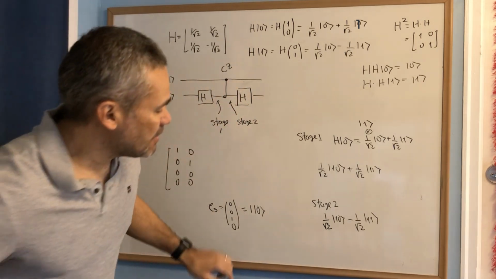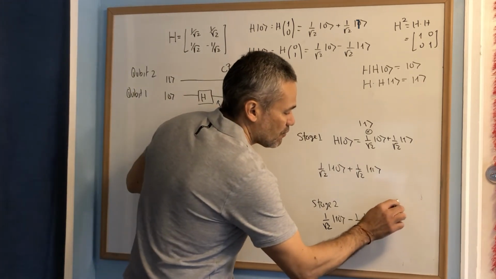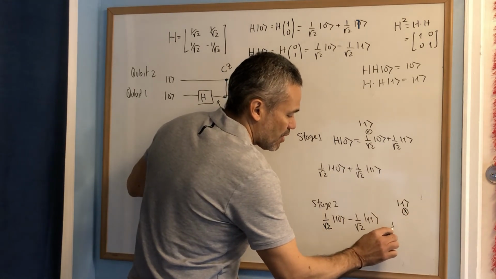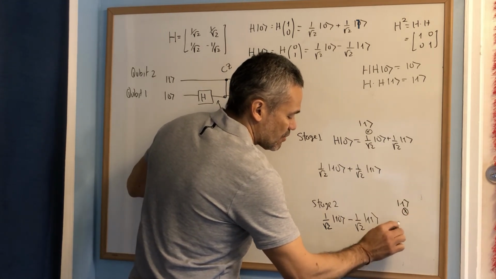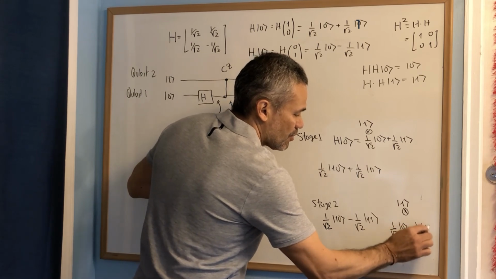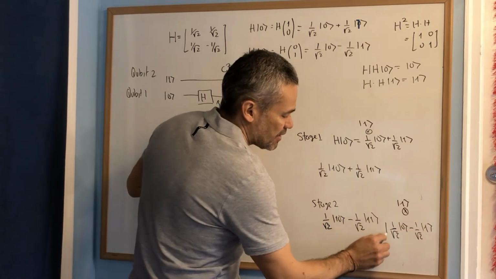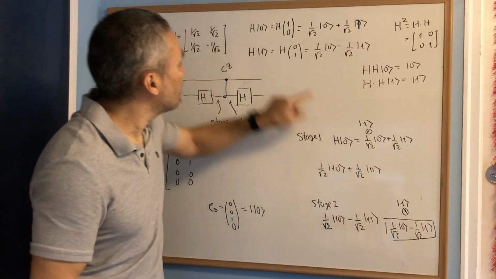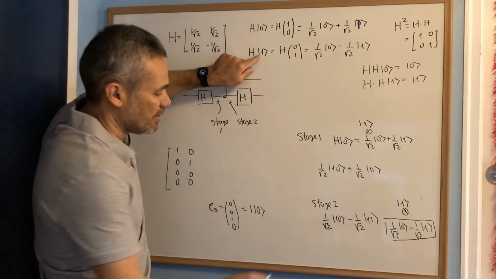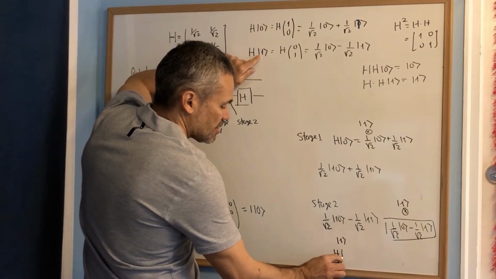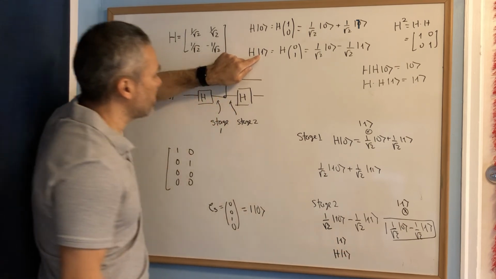I can write it like the tensor product of 1 with 1 over the square root of 2, 0, minus 1 over the square root of 2, 1. Remember, this part here is h of 1. Then this is just 1 tensor product with h of 1.